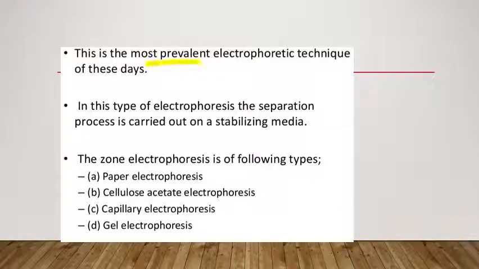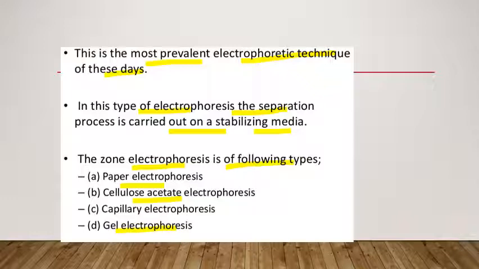This is the most prevalent electrophoretic technique these days. In this type of electrophoresis, the separation process is carried out on stabilizing media, that is supporting media. There are various types of zone electrophoresis according to the supporting media or the stabilizing media we use, that is paper, cellulose acetate, and the gel electrophoresis.